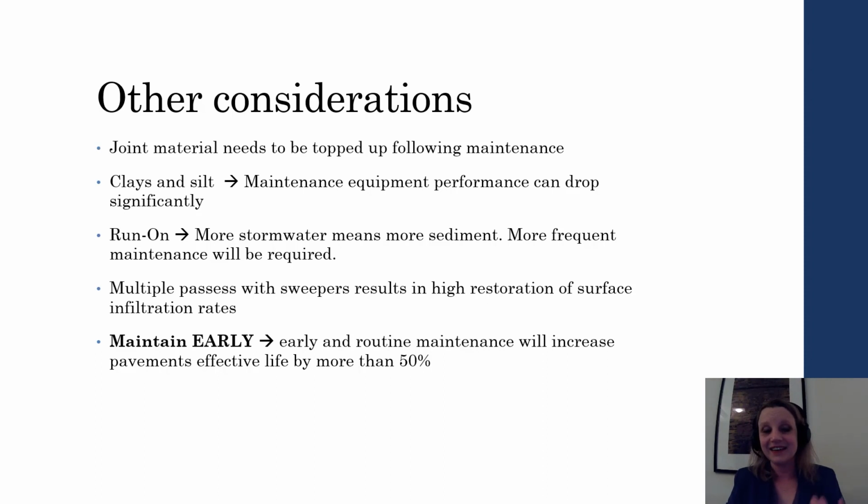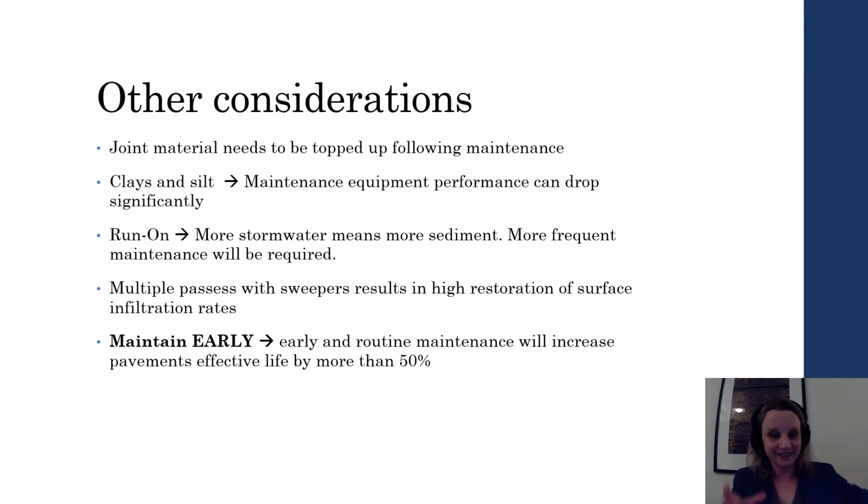And lastly, maintaining early. This study is a worst case scenario where a pavement has been left to be clogged severely. Implementing the maintenance earlier in the life cycle in an early and routine practice will drastically increase the effective life of the pavement.